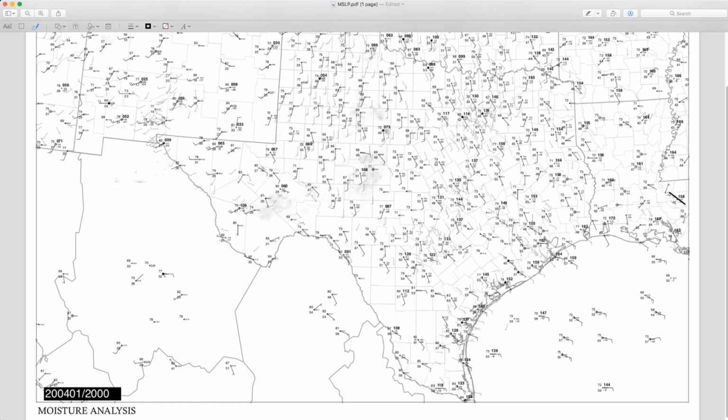And what this will do is show me visually where the biggest moisture is. And moisture is very important for severe storms or for winter storms, precipitation, all that stuff. We're going to talk more about how we can apply this to making a forecast in the next few weeks. But for now, I need to show you how to do this.